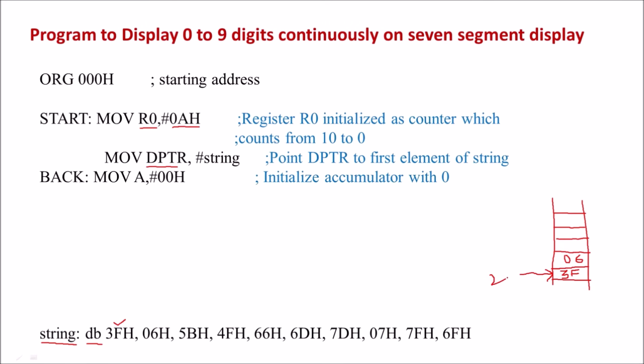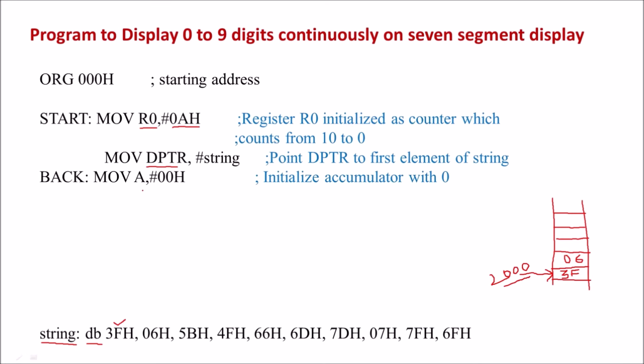For example, if this lookup table is stored at address 2000h, this is just an example, then 2000h will be stored in DPTR. So we are using the DPTR register to point to this memory location. The starting address of the string lookup table is stored in DPTR.